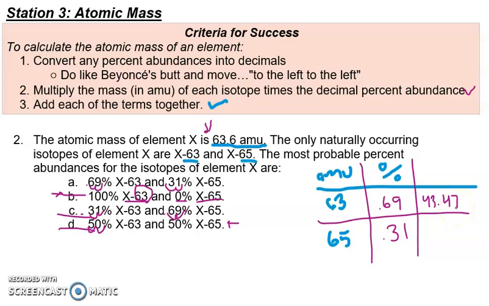And 65 times 0.31 is equal to 20.15. Now let me add these two numbers together. 43.47 plus 20.15 is approximately equal to 63.6. And 63.6 right here matches the 63.6 given to me in the problem, so my answer is A. So this one's a little more complicated just because we are working backwards.